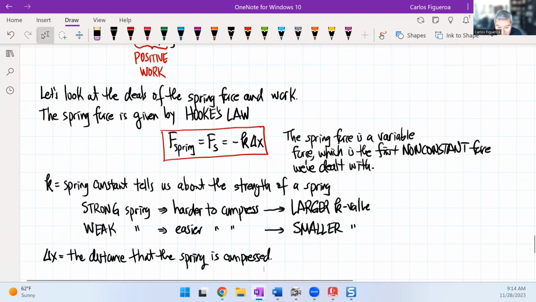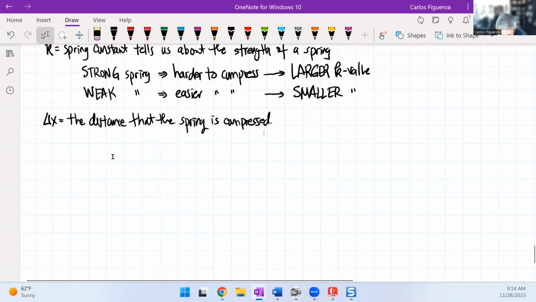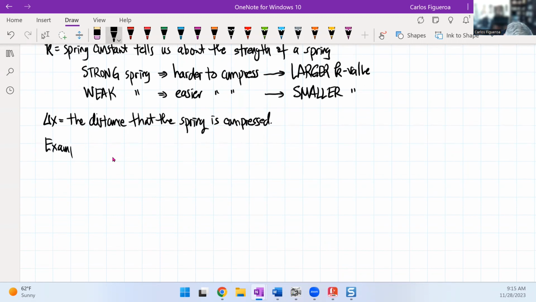And so what we want to do here is set up a picture to show you what I mean by this. Now, the easiest thing to imagine here, as an example of Hooke's law, let's talk about its compression dependence.